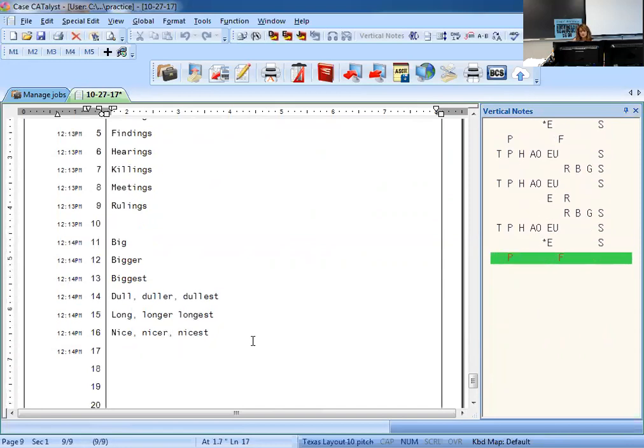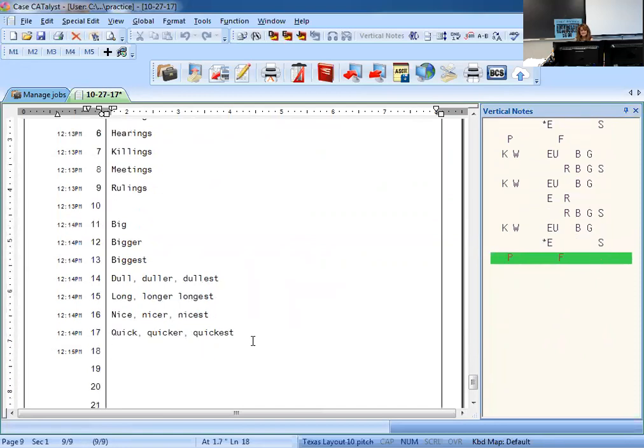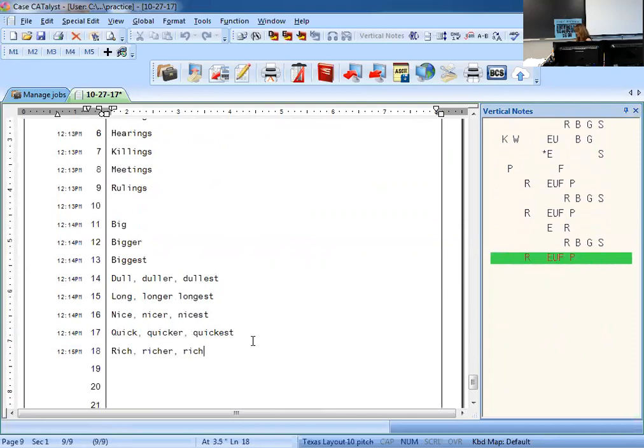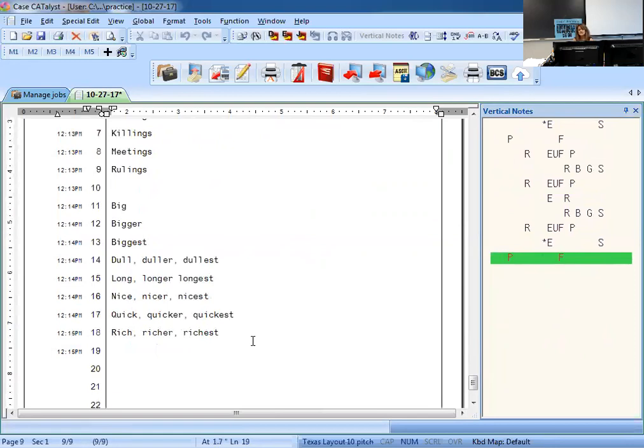Got to know how to write all those. Quick, quicker, quickest: ES asterisk. You've got to put the asterisk or it won't change it. Rich, richer, richest. You have to know how to write all these comparative outlines, superlative outlines.